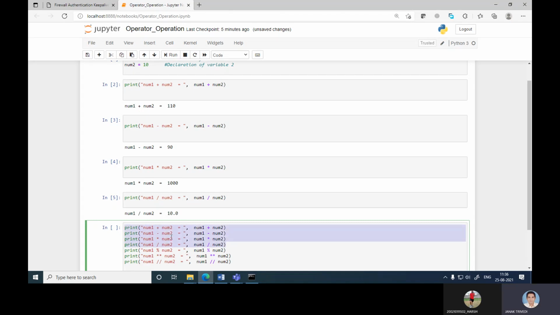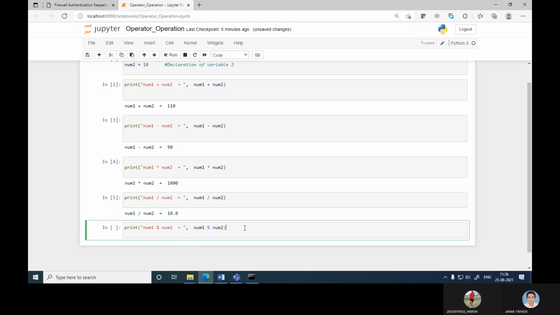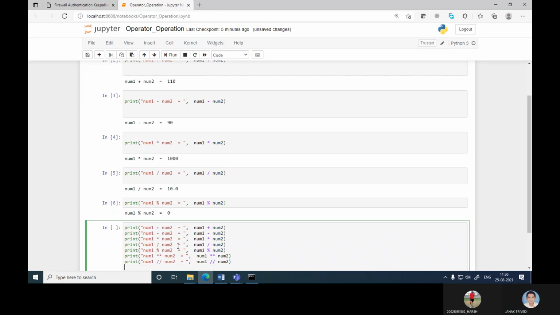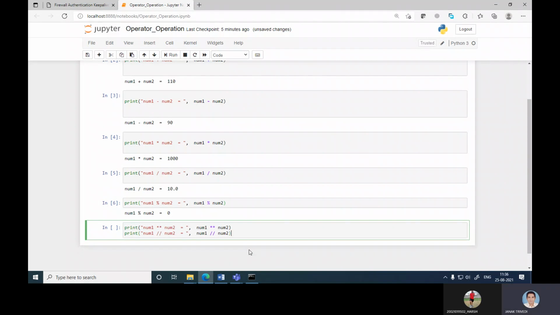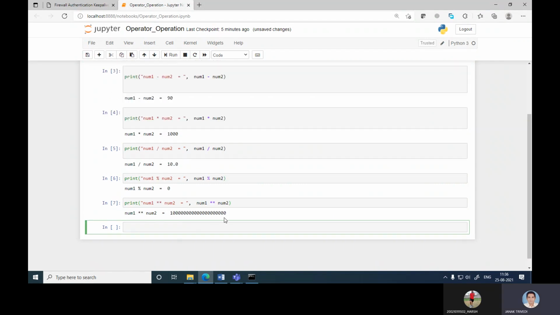Then modulo operation. And this is 0 because 100 is exactly divided by 10. Power operation: this much, 100 to the power of 10.